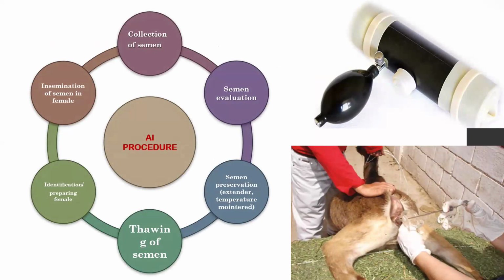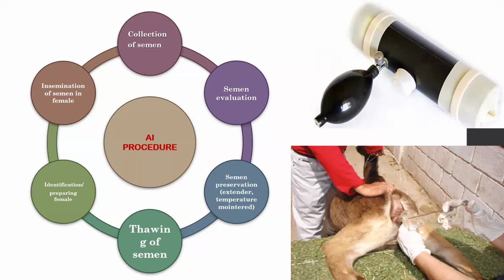When we talk about the procedure, first of all, we need a male animal, a buck, with good genetic traits, apparently healthy and showing good body scores.